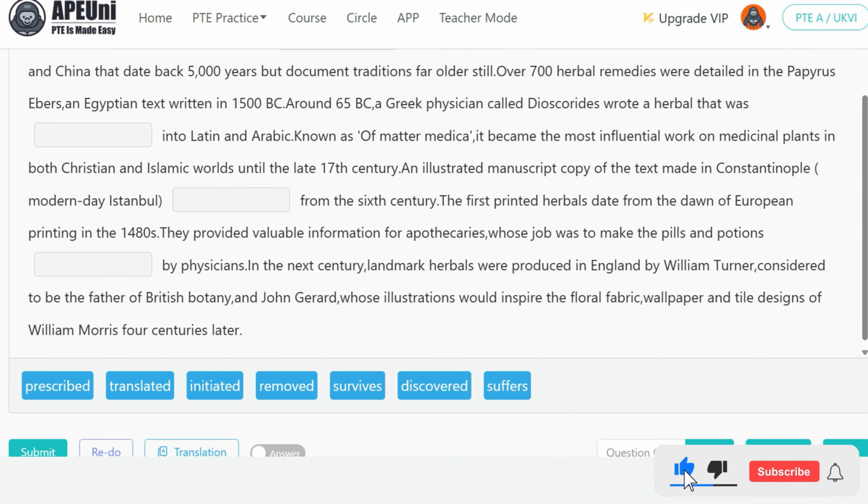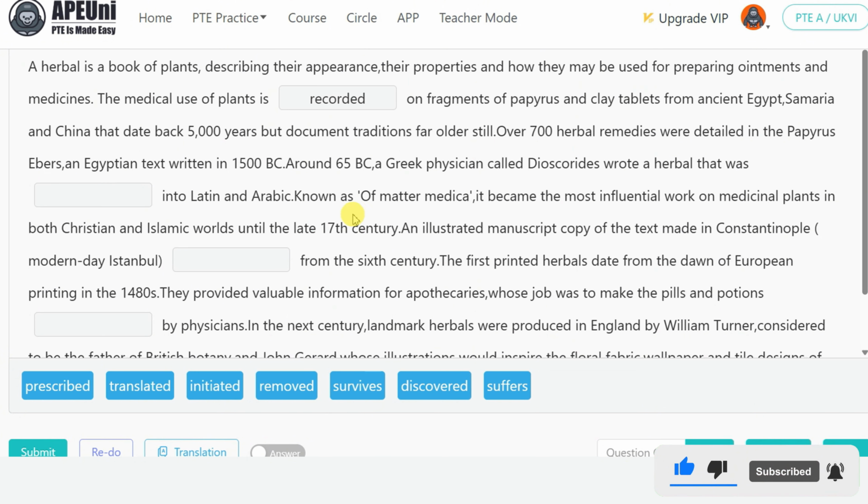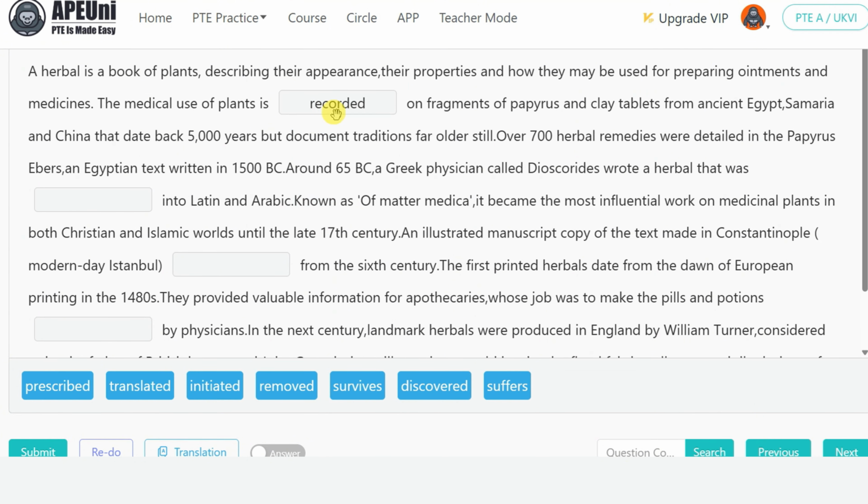What about initiated? Initiated means started, but the sentence discusses already existing records, not a correct option. Then we do have translated. Translated refers to changing language, which doesn't fit the context of documentation, right? So the only option, recorded, is the right option for the first blank.